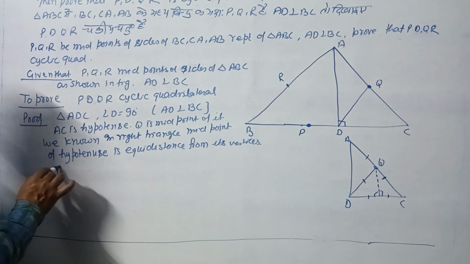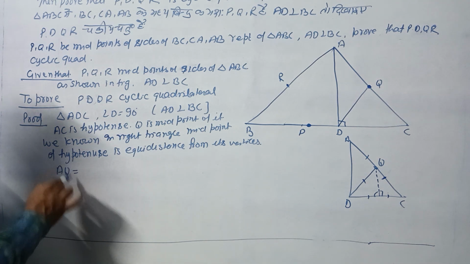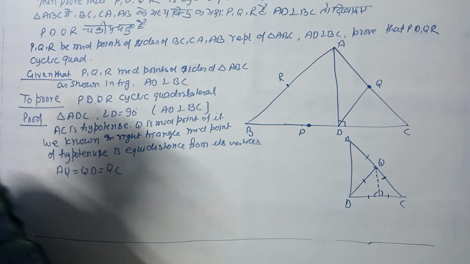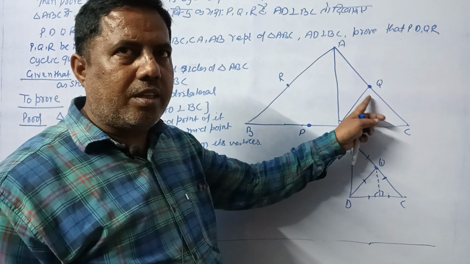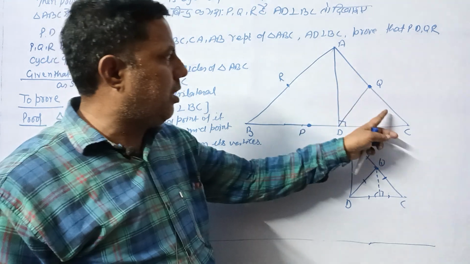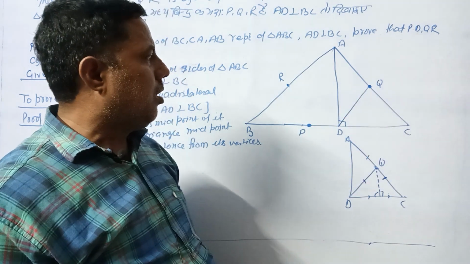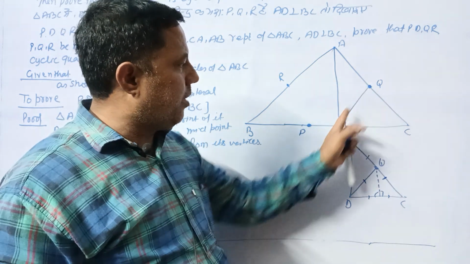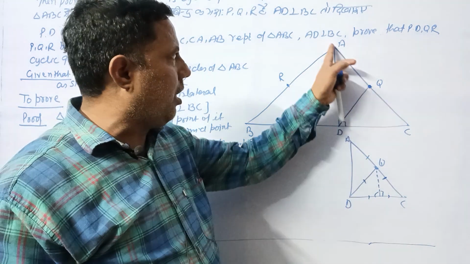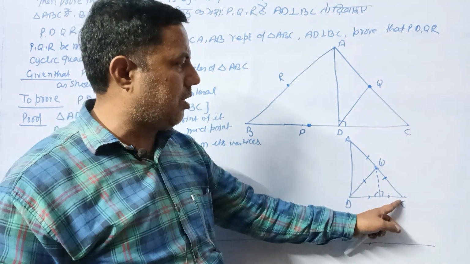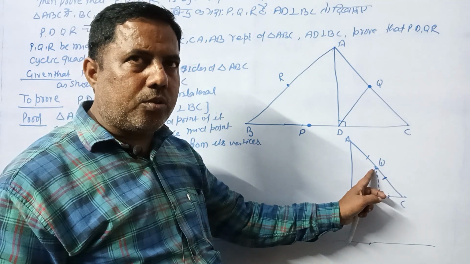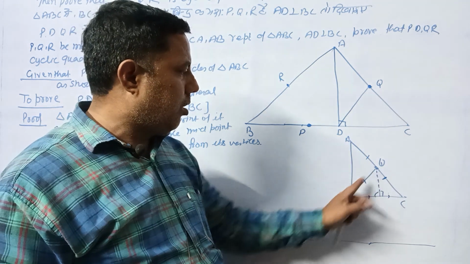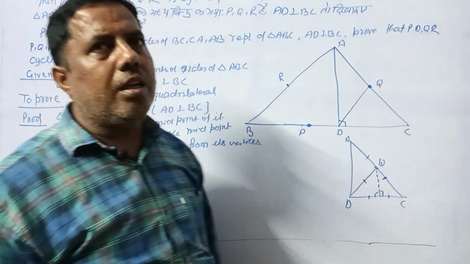Okay, then we can say AQ equal to QD equal to QC. Why? This is the midpoint. So AQ, DQ, QC are equal. And this is D, its three vertices are A, D, C, and this is the midpoint of the hypotenuse. Then Q must be equal, AQ, QD and QC are equal.